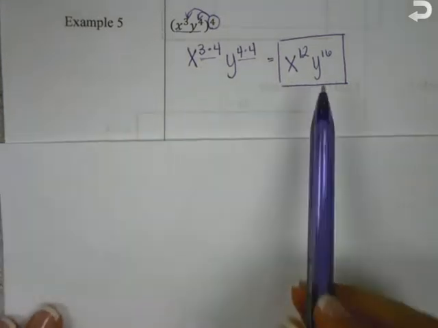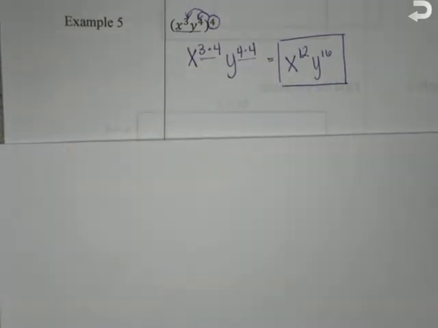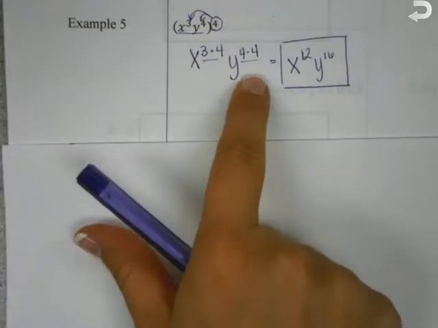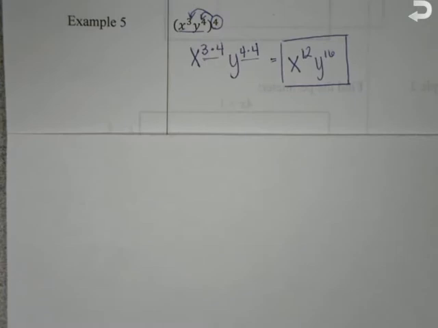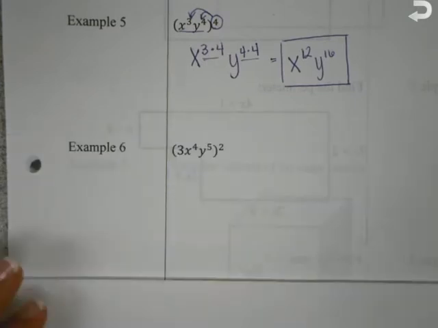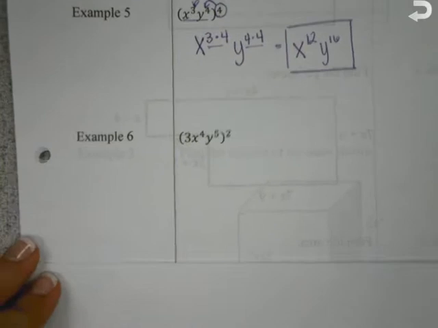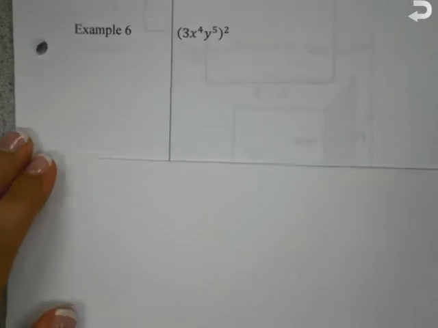Let's look at example 6. Now we're taking example 4 and example 5 and putting them together. So we have 3x to the 4th, y to the 5th, all of that to the 2nd power. Alright, so what was the first thing you did? Who's in 13?